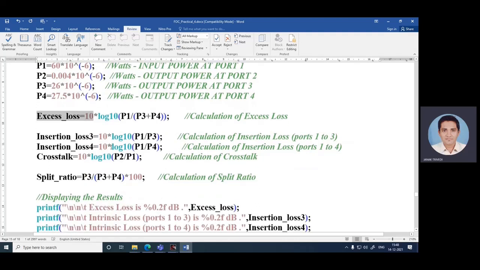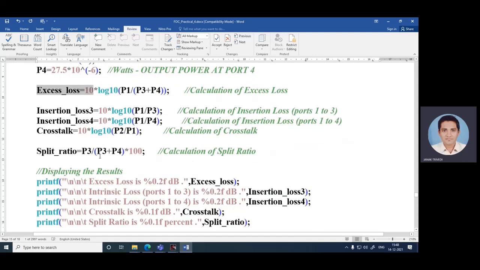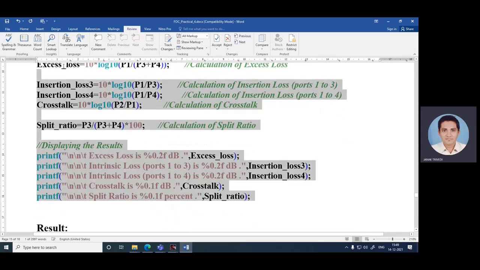Insertion loss is 10 log 10 of P1 by P4, for calculation of insertion loss from port 1 to port 4. Crosstalk is 10 log 10 of P2 by P1, for calculation of crosstalk, and the split ratio is given by P3 divided by P3 plus P4, for calculation of the split ratio. Finally, displaying the result with the help of printf: printf excess loss, printf insertion loss port 1 to 3, printf insertion loss port 1 to 4, printf crosstalk, printf split ratio.